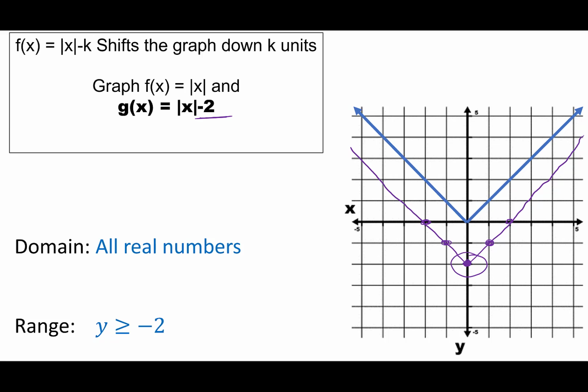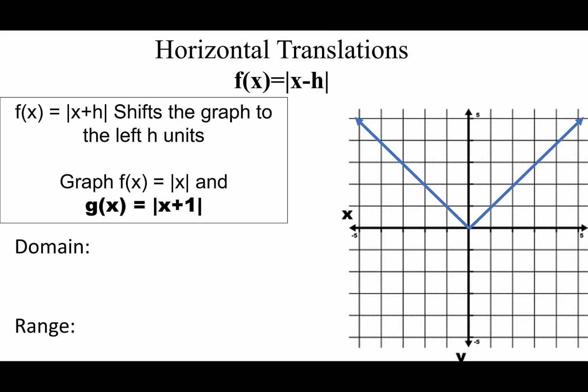So we've covered our vertical, which is the up and down. So let's talk about our horizontal. Horizontal is going to deal with inside the absolute value. If I'm subtracting something or adding something inside the absolute value, it's going to move it left or right based on whether we're adding or subtracting.